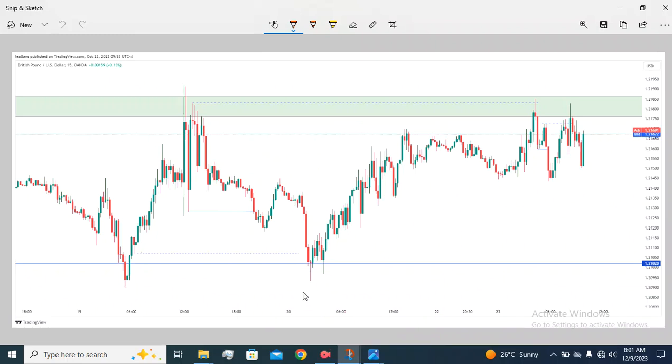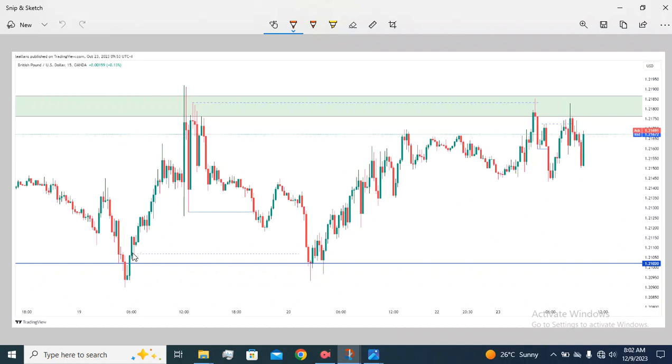Right before you is a chart I submit for GBP USD on the 15 minutes time frame, published on October 23rd, 2023. First things first, what we usually do when given such a setup is we first of all draw our model.